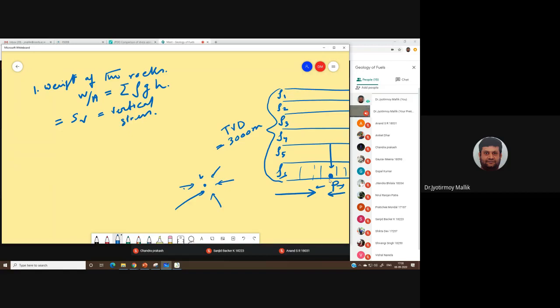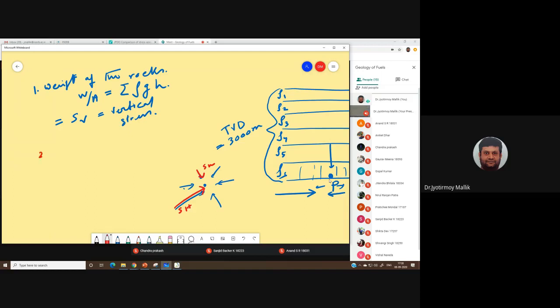Okay, and then we can actually define these horizontal stresses. We don't have to define all of them. We can define one being the maximum, which we call S capital H, and one being the minimum, which will be perpendicular to S capital H, as S small h. So one will be the weight of the rock, that will be vertical stress.